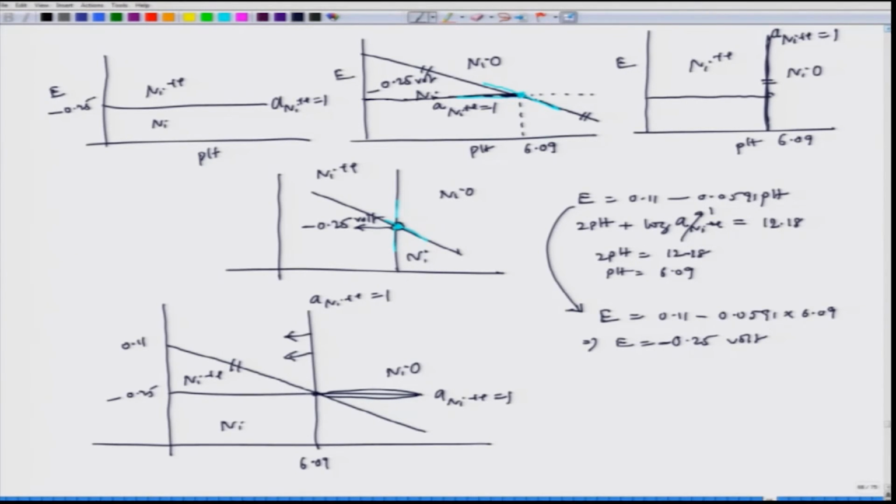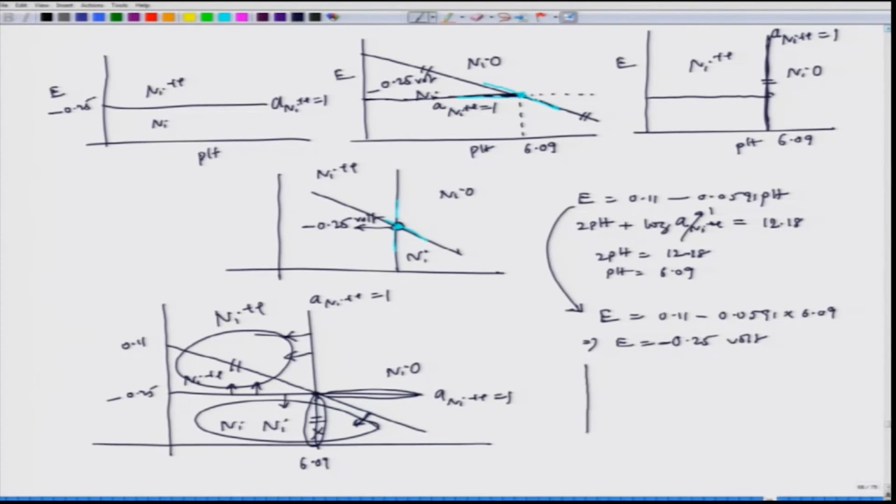Then, on top of this, we should have Ni plus plus. So, this entire zone should be Ni plus plus. And what about this line? Below this line it is Ni, and left of this particular line is Ni. So, this entire zone should be Ni. So, this portion should not exist.